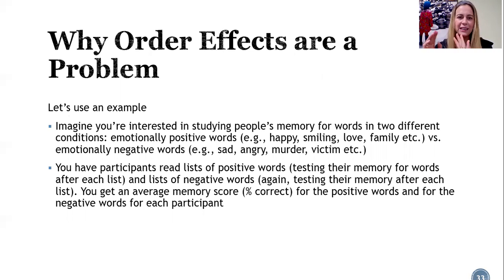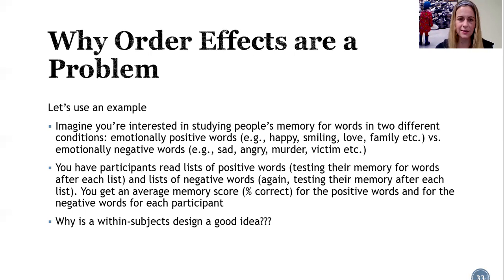And then we have them read lists of negative words like murder, blood, gore, angry, victim, all sorts of negative words. And then we test their memory after reading those words. So we're going to get an average memory score for the positive words, an average memory score for the negative words, and we want to see whether there's a difference between these two conditions.